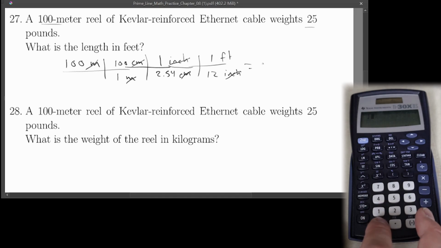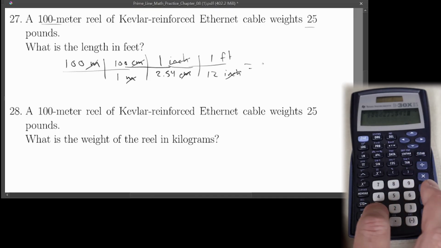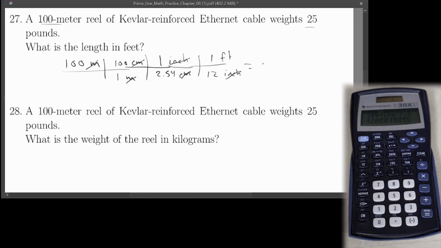So we have 100 times 100 divided by 2.54 divided by 12. And our value that we get is 328.0839895 feet. We could round that to 328.084 feet if we round to 3 decimal places.